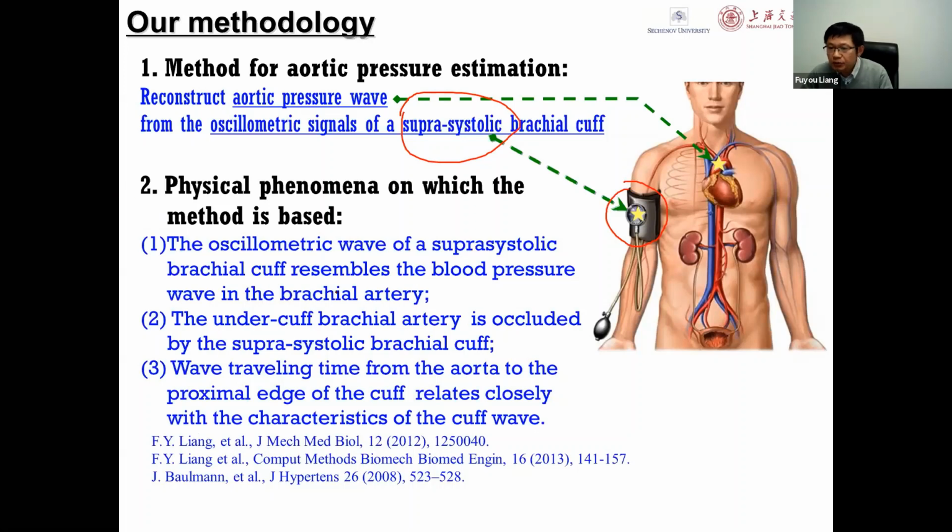We have performed some theoretical studies to demonstrate some physical phenomena underlying the method. For example, we found that the oscillometric wave of a suprasystolic brachial cuff resembles the blood pressure wave in the brachial artery. The second is that the undercuff brachial artery is occluded by the suprasystolic brachial cuff. And third, the wave traveling time from the aorta to the proximal edge of the cuff relates closely to the characteristics of the cuff wave.